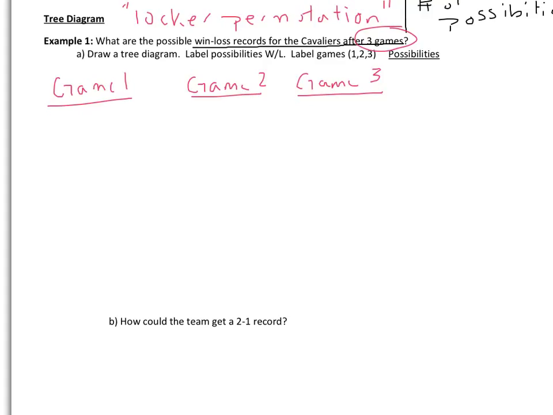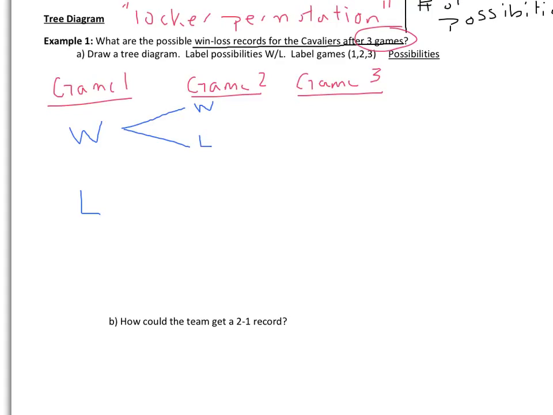Now, for that first game, the Cavaliers can either win or lose. The possibility is they either win or they lose, right? For game 2, they can also win or lose. Now, when we draw a tree diagram, we have to draw different branches. If they win the first game, they could either win or lose the second game.